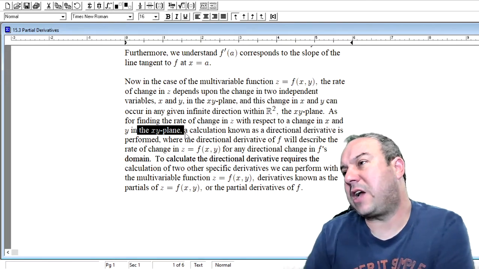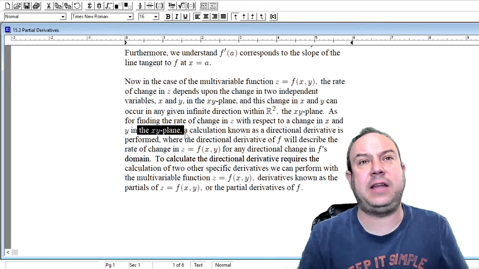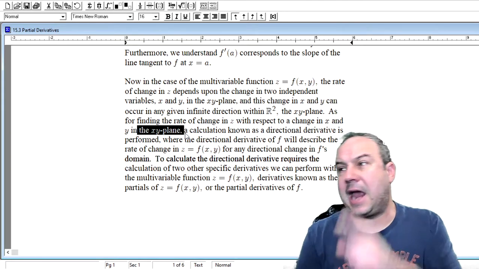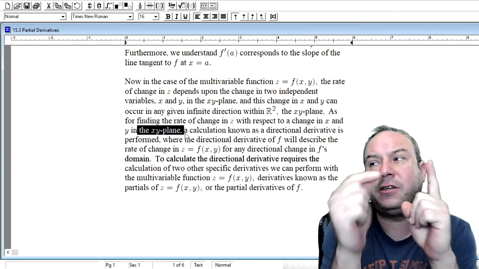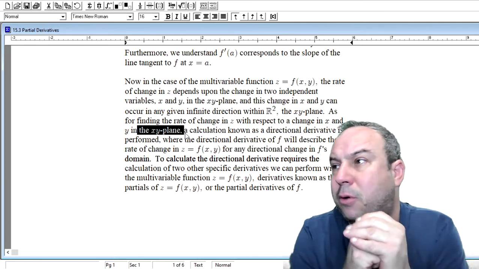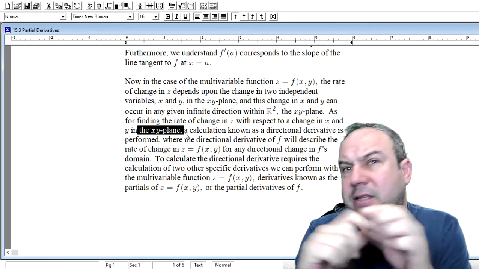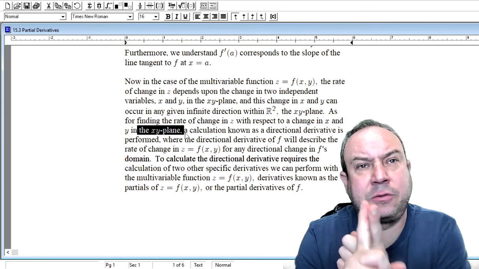A directional derivative will tell us the rate of change at a point on our surface moving through any direction at that point.